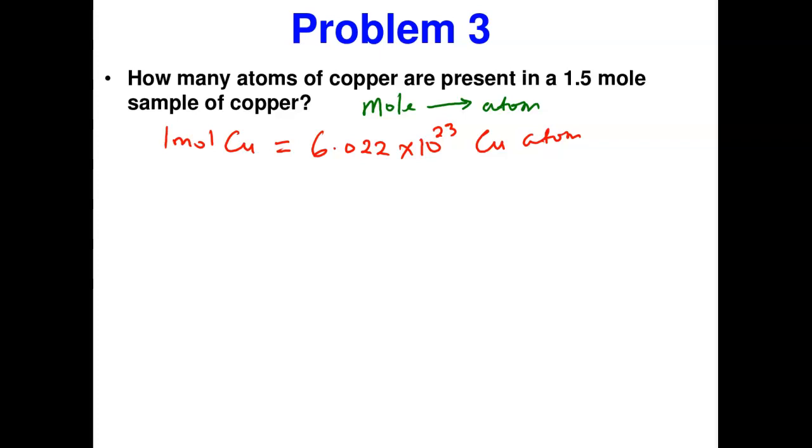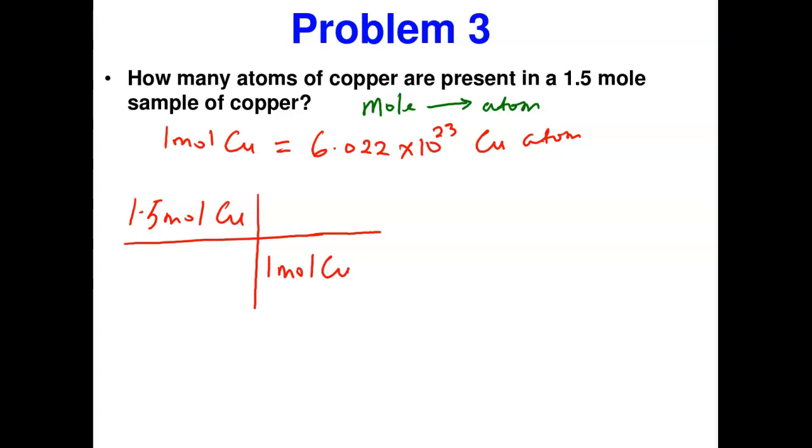Since I'm looking for atoms and I have my mole, I'm going to start again. I have my 1.5 mole of copper. And you can draw a line. You don't have to. I'm looking for atoms, so my atoms is going to be on top and my mole is going to be down. So my 1 mole of copper is going to be down, and my 6.022 times 10 raised to the power 23 copper atoms is going to be on top.